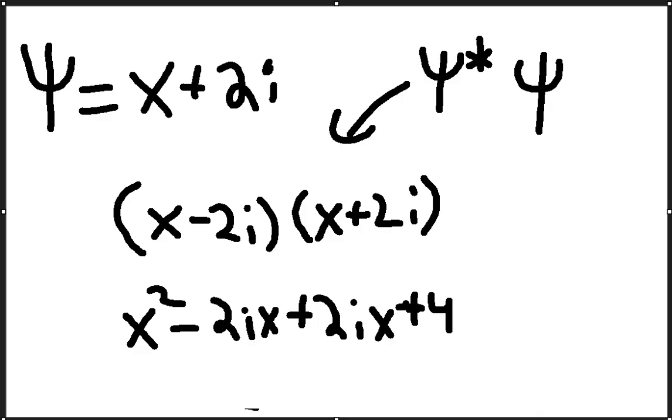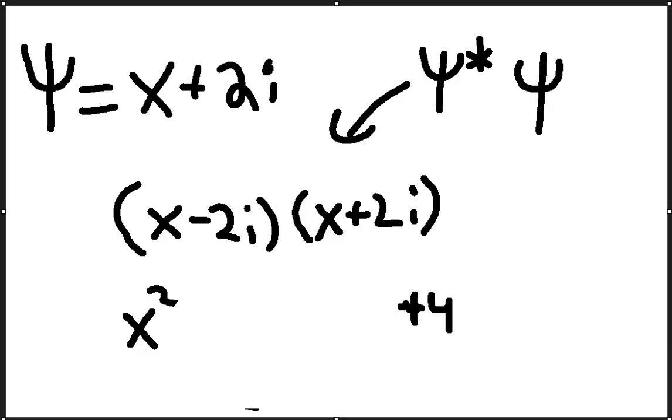Now you might notice some things. For example, -2ix plus 2ix, these cancel, and so we can erase these. And now it's just x squared plus 4. And this has a benefit: no imaginary numbers are present.